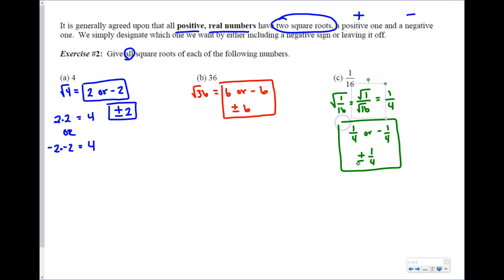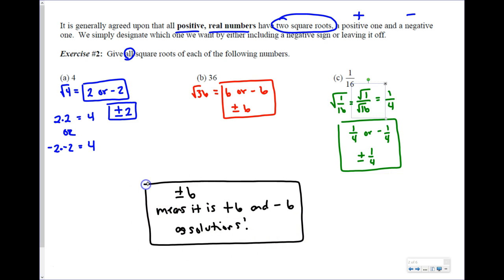Okay, this plus or minus symbol right here, when you see this plus or minus, like if I say plus or minus 6, that means it is positive 6 and negative 6 as solutions. Okay, that's what this notation means. And you'll see it a lot. So plus or minus and square roots always have a positive and a negative solution every time. Okay?